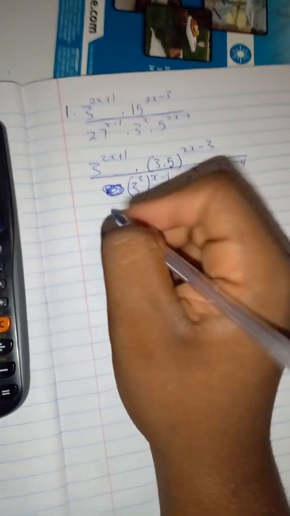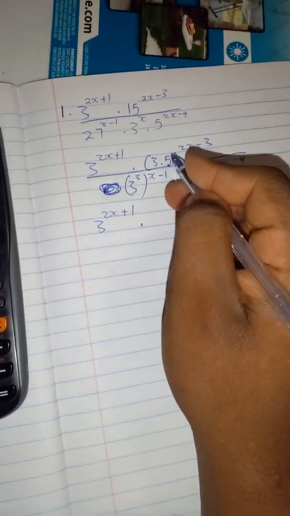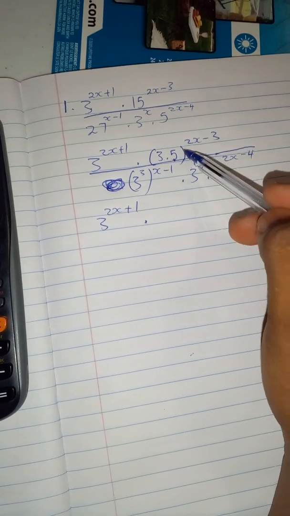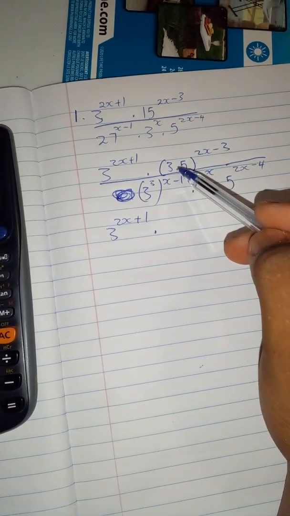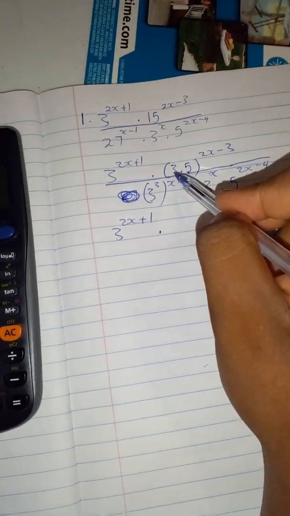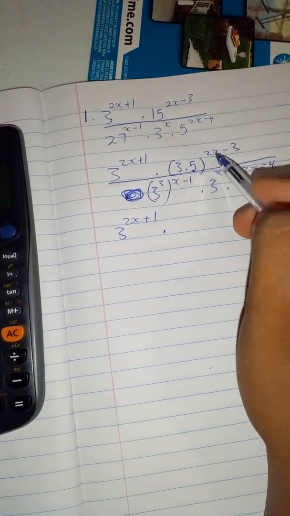Let's go to the next step. We're still going to write 3 to the power of 2x plus 1 multiplied by. Now when you have an expression like this, you take this base with this exponent, and this base with this exponent.